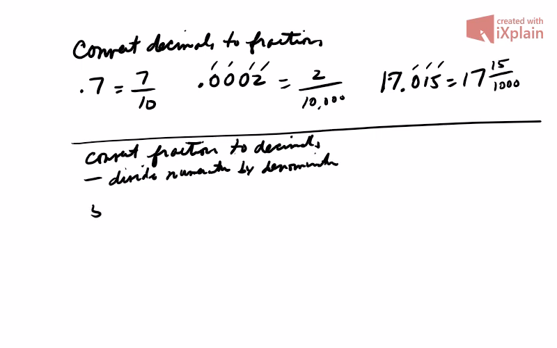For example, if I had 5/8, I would enter into the calculator 5 divided by 8, and that would equal a decimal value of 0.625, which would read as 625 thousandths.